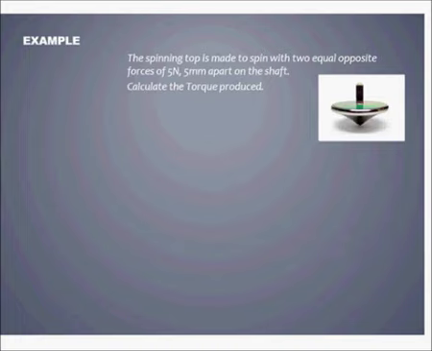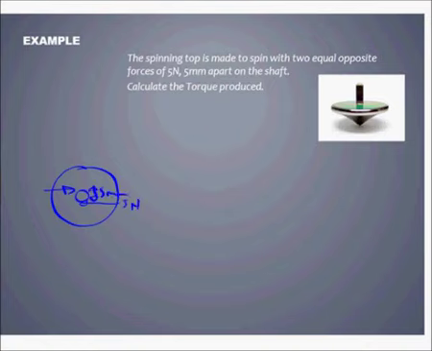So in this case here, the spinning top is made to spin with two equal opposite forces of 5 newtons, 5 millimeters apart on the shaft. Calculate the torque produced. Okay, so if you're looking at this thing downwards, there are two forces on this thing, equal and opposite directions, both of 5 newtons, and the distance between is 5 millimeters.